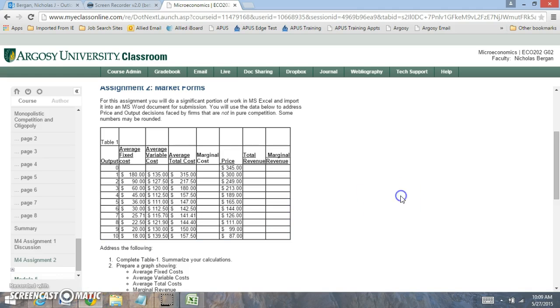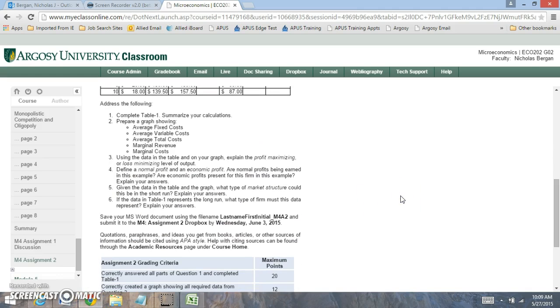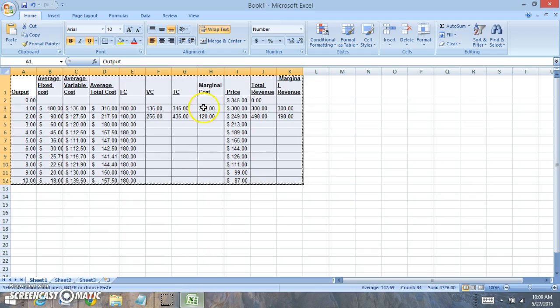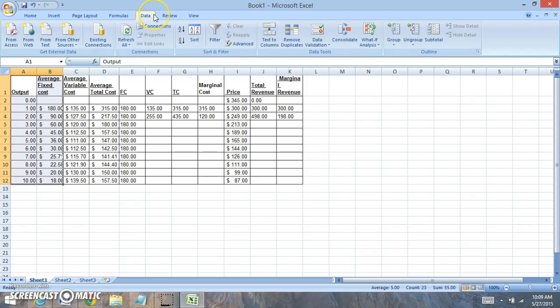That's the key. So now it's going to ask you to do the following. Prepare a graph showing all of these costs. So let's go back to this thing right here and prepare a graph. If I want to prepare a graph, I want to just do it for this right here. And I'm going to go up here to data. Let me see if I can find it.